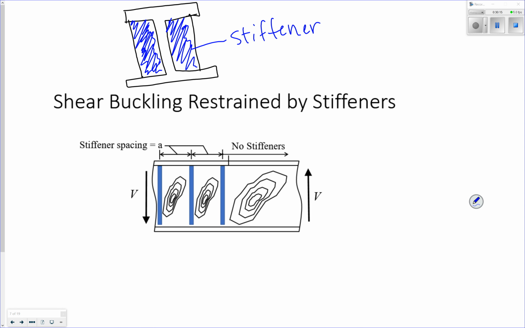Because what happens if I add a stiffener there? Well, this stress field doesn't have anywhere to go once it hits the stiffeners. So this section is buckling restrained by stiffeners.